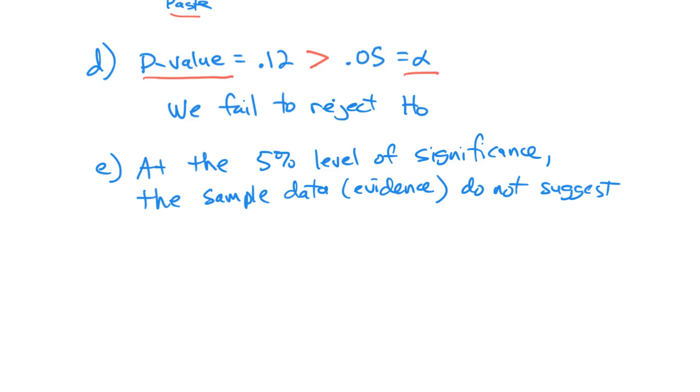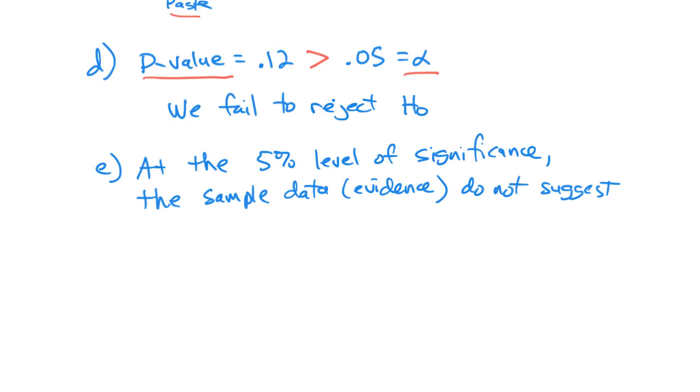If you look at the question the book asks on number 20, it says, does this information indicate that the population mean lifespan for Honolulu residents is less than 77 years? And I'm just going to say, so that's basically H1. I'm going to say the data do not suggest that, right? The data do not suggest H1.